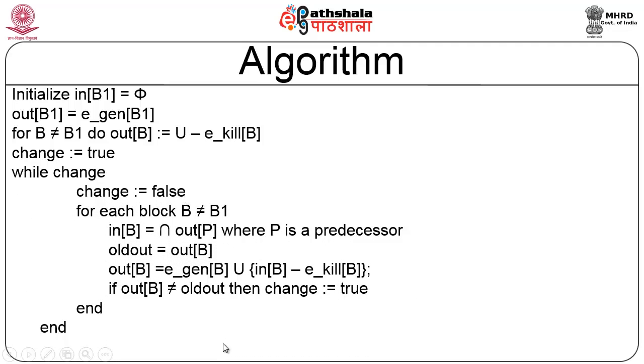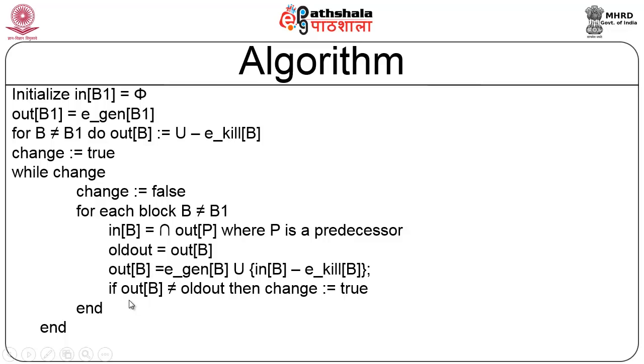Again we are resetting change, assuming that it is not available between successive iterations, and for each block B not equal to B1, in of B is equal to the intersection of out of P, where P is a predecessor block. So you compute in and you assume old out is equal to out of B, and out of B is computed as before.